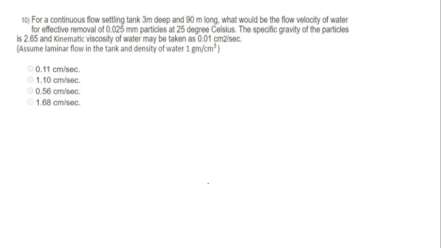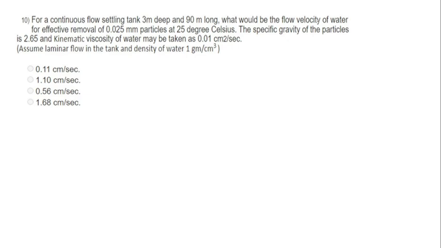This is a similar type of question, but the given data are a little different. The question is, for a continuous flow settling tank 3 meter deep and 90 meter long, what would be the flow velocity of water for effective removal of 0.025 millimeter particles at 25 degrees Celsius?